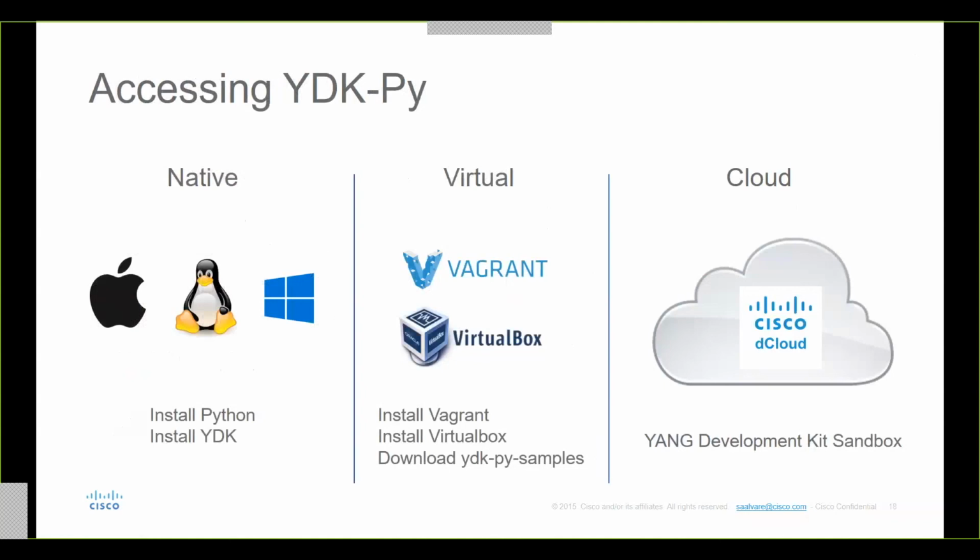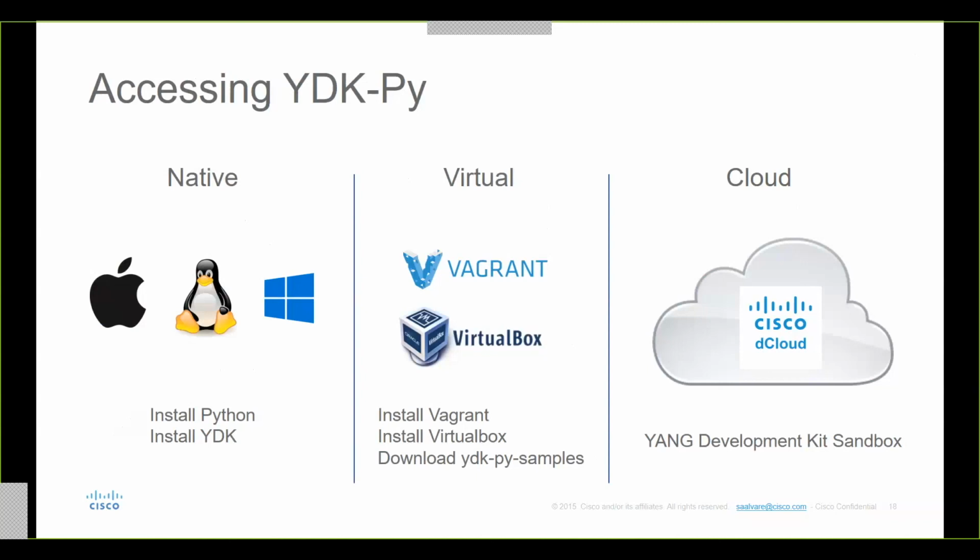All you need to do is install Python and install YDK. You will install the core package and the bundles for the models that you're interested in, XR, OpenConfig, IETF, or XE, XC, or Nexus.